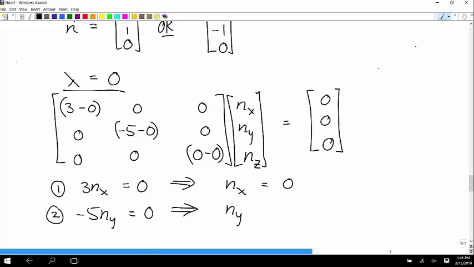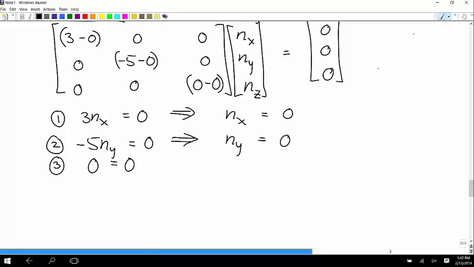So that says ny has to be equal to 0. Equation 3 doesn't tell us anything. And so the only two unit vectors that meet these requirements are n equals 0, 0, 1, or n equals 0, 0, negative 1.